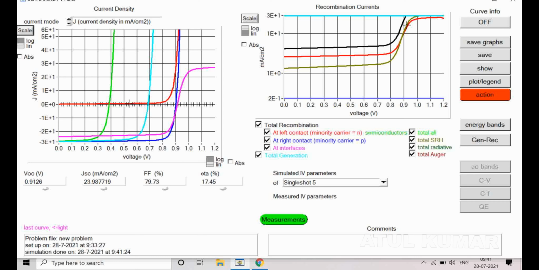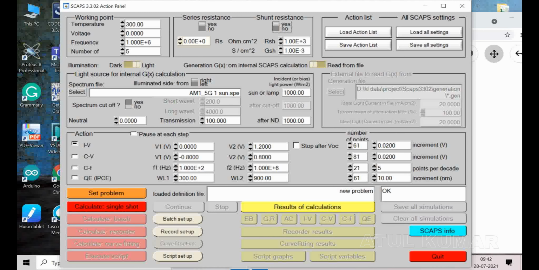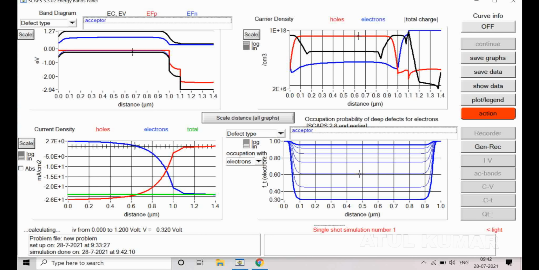The IV curve goes flat, and after a certain voltage beyond VOC, the current becomes parallel to the voltage axis. This behavior of the IV curve is called rollover. This pink line is the rollover effect.